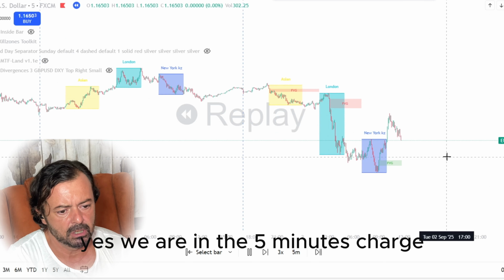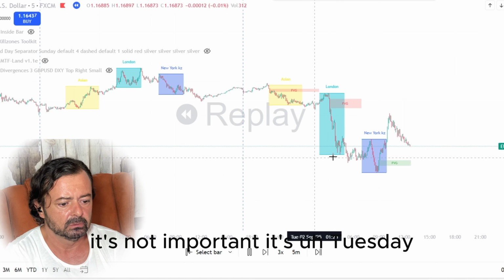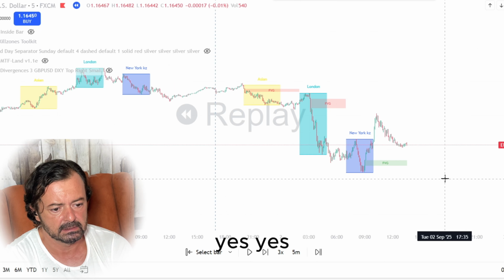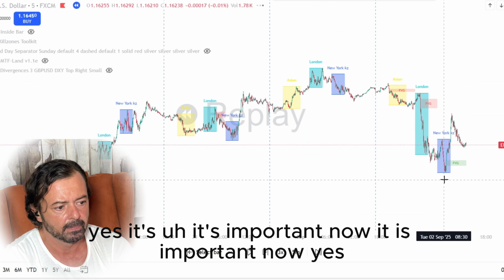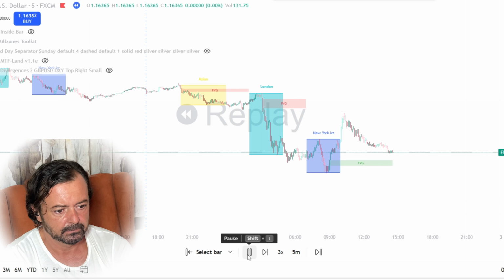Yes, we are on the 5 minute charts and we are waiting for the daily close. It's not important. This is Tuesday. Yes, it's important now. Let's check it.